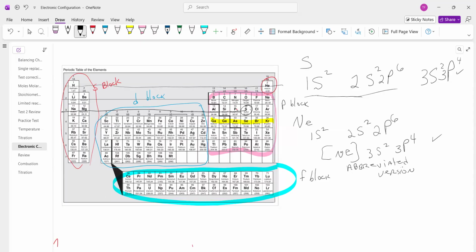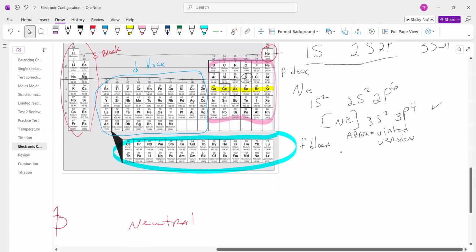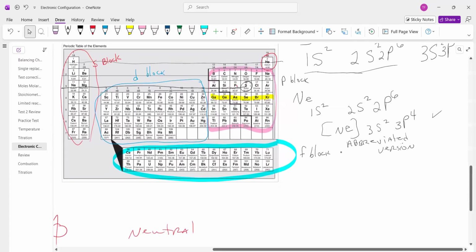Okay, so let's look at silicon right here.